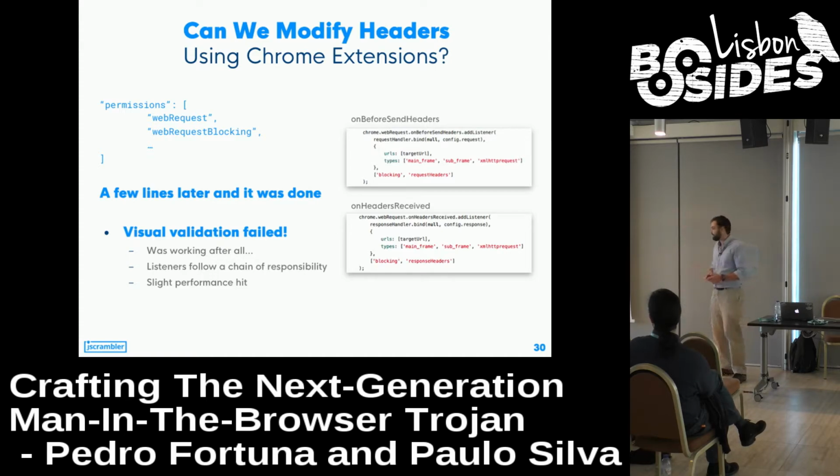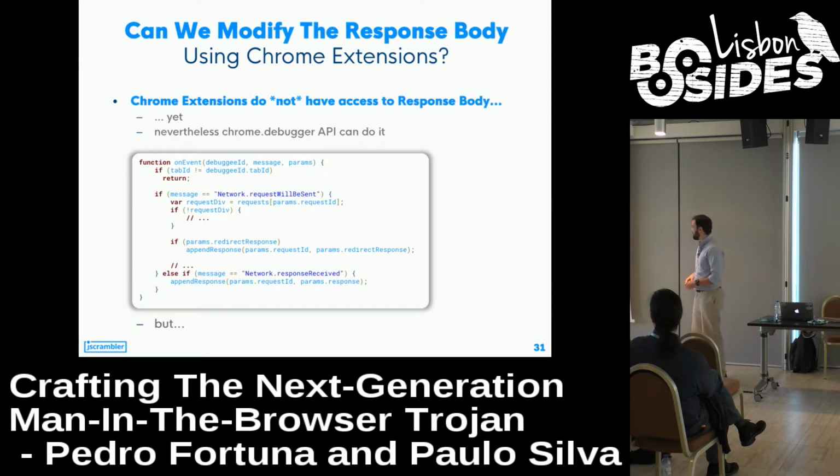And as lazy as we should be, we went to developer tools and checked whether the headers were removed, but they were there unchanged. But in fact they were dropped. Because this works on a chain of responsibility, the first one to read will see the original message, then the next one will change, but it doesn't go back to the starting point, so you will see the header on the developer tools, but it is taken out.